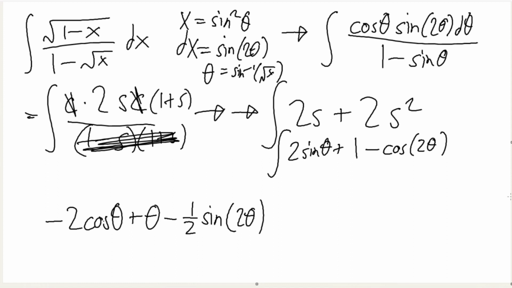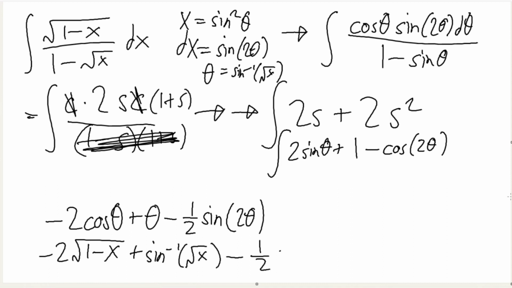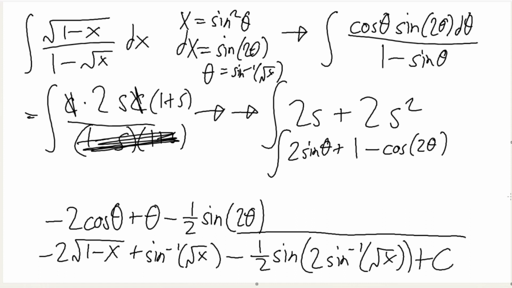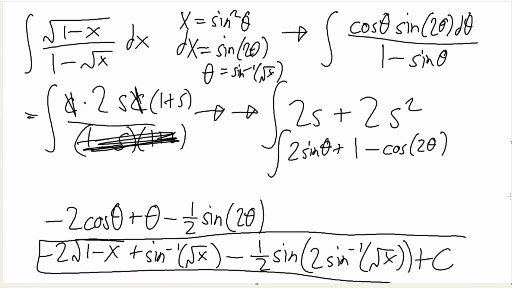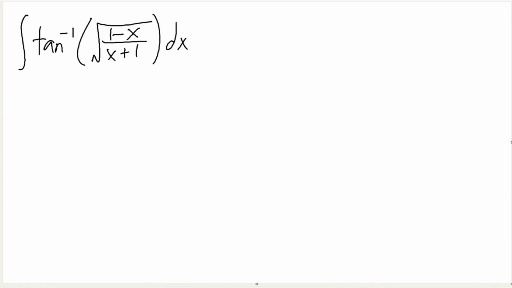So this is definitely negative 2 times 1 minus x plus the inverse sine of square root of x minus a half. I'm just going to leave this one as inverse sine of square root of x plus c. Alright, that's our answer. What do we do here?